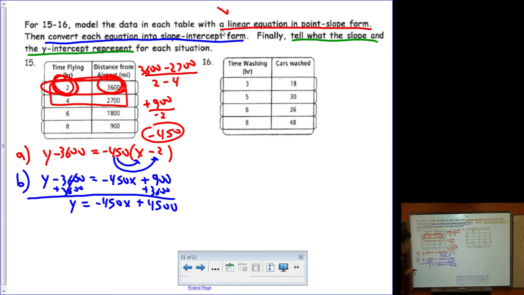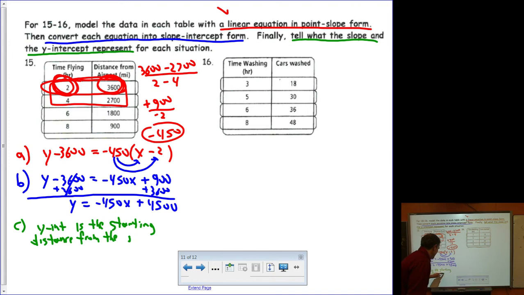So in this case, the y-intercept is the starting distance from the airport. And that would be 4,500 miles.